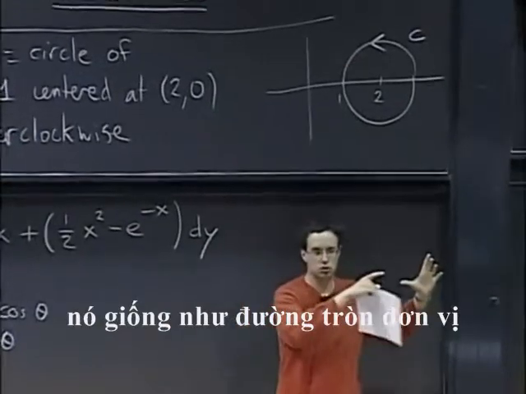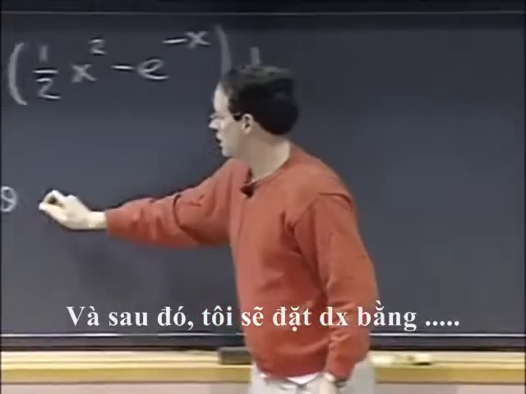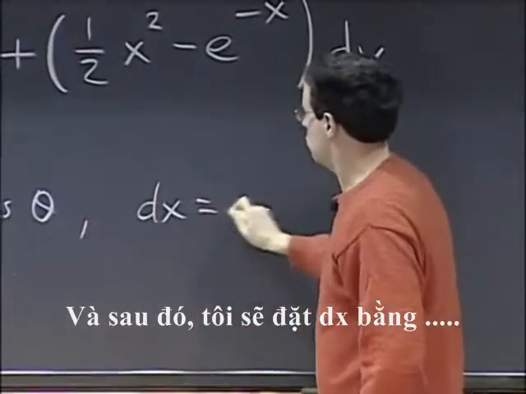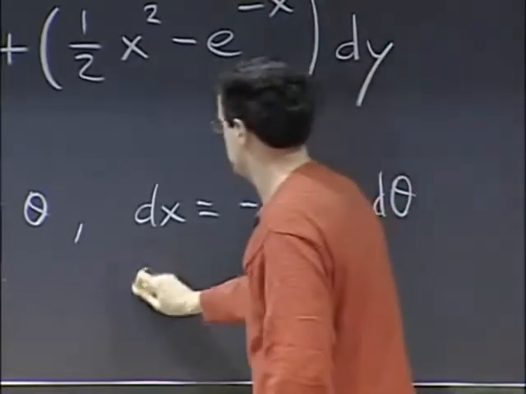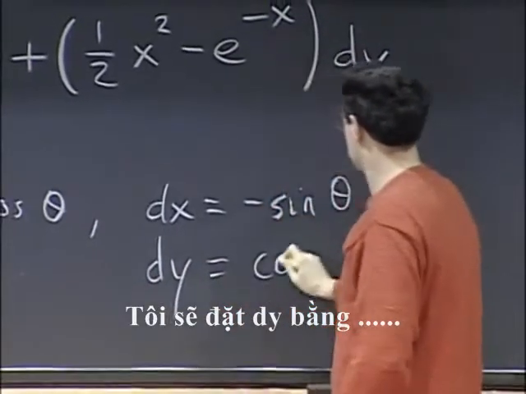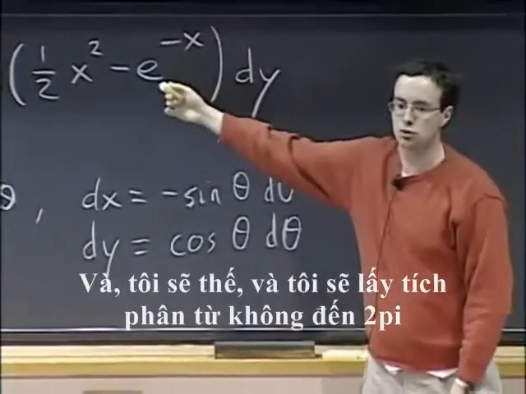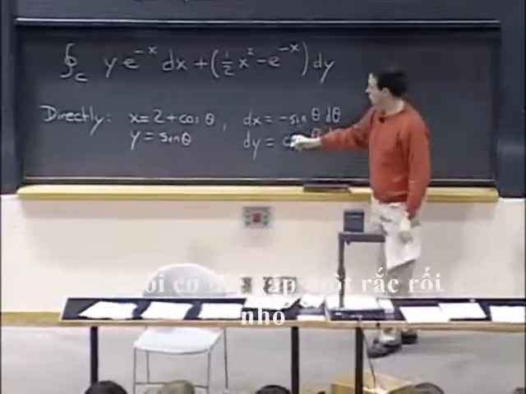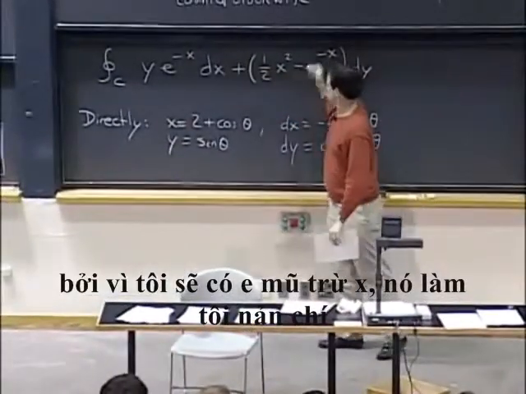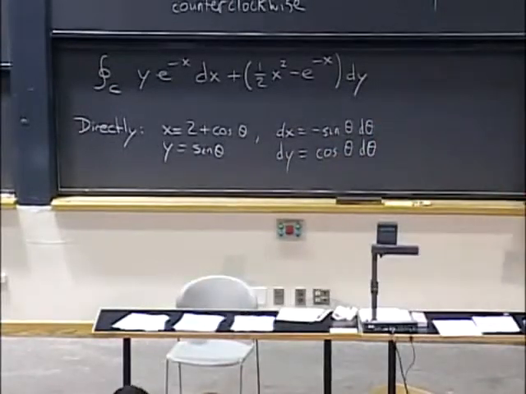It's like the unit circle, the usual one, but shifted by 2 in the x direction. And then I would set dx equals minus sine theta d theta. I would set dy equals cos theta d theta. And I would substitute, and I would integrate from 0 to 2 pi. And I would probably run into a bit of trouble because I would have these e to the minus x, which would give me something that I really don't want to integrate.